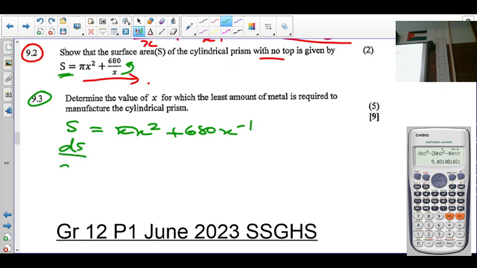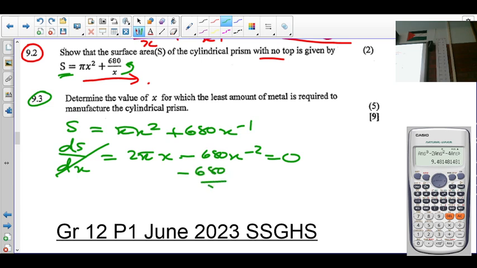So ds over dx, I apply my derivative now. It's 2 pi x plus, now it's actually minus, 680 x to the minus 2, and I set it equal to 0. Now drop that. So it's going to be negative 680 over x squared is equal to negative 2 pi x.